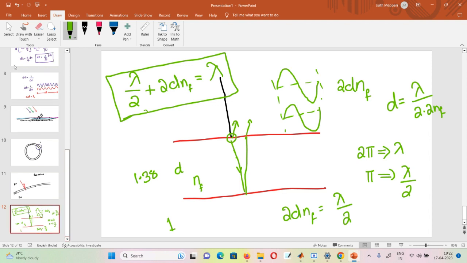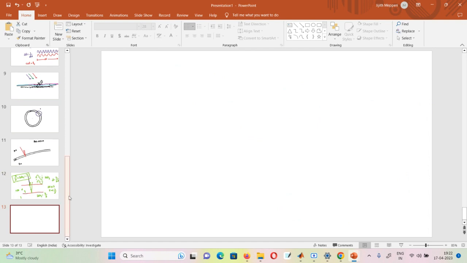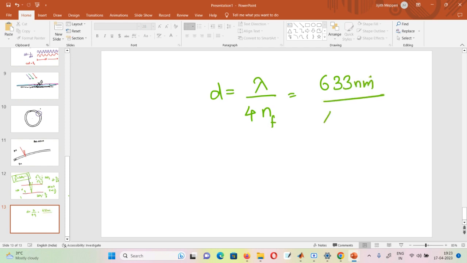So your d will be lambda by 4nf. Already given lambda is 633 nanometer divided by 4 into nf, which is 1.38.